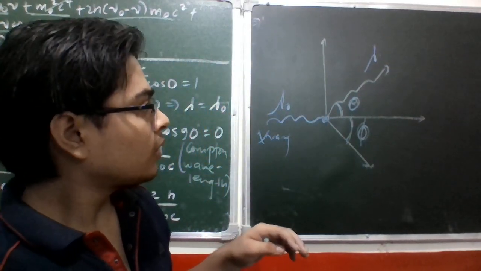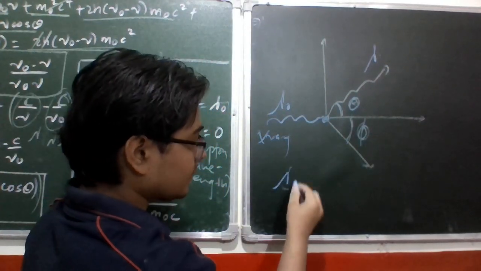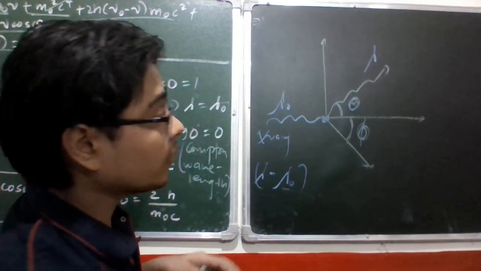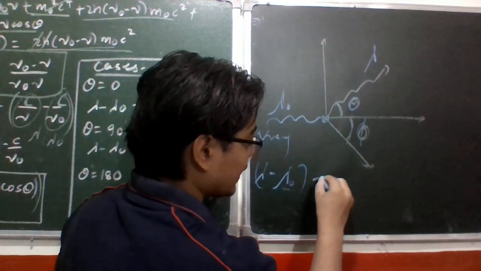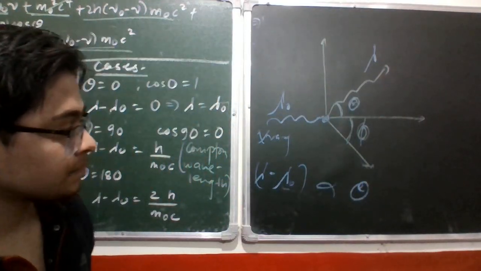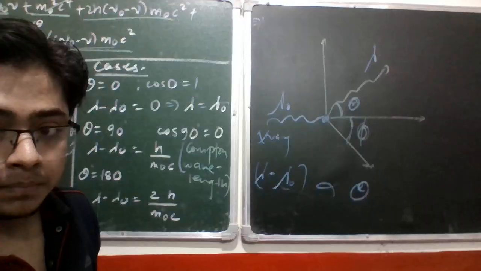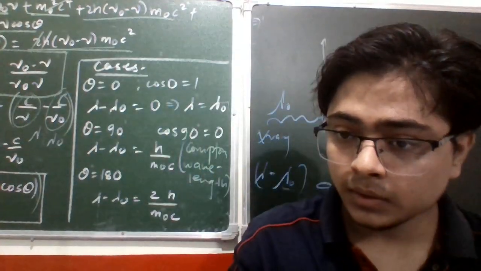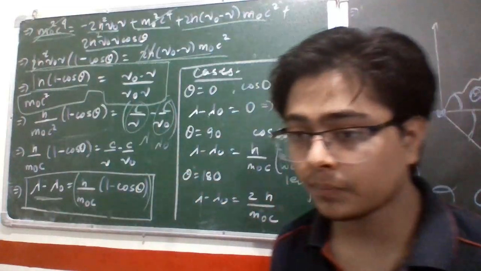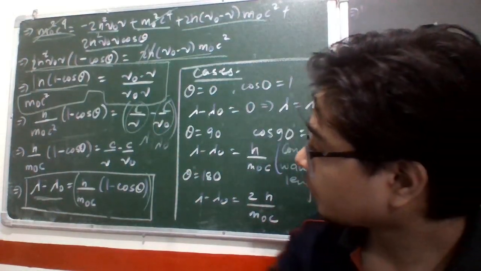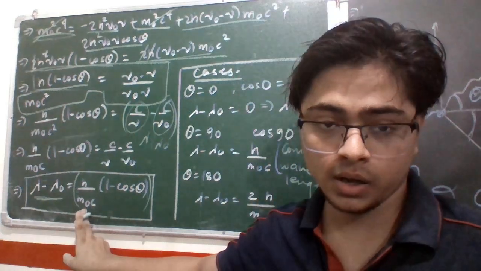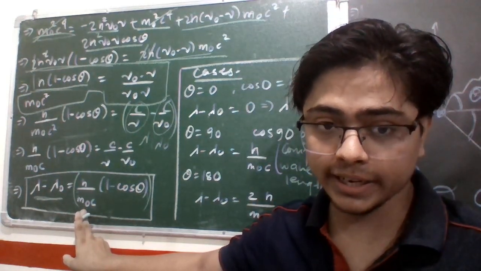Okay, so we found out that this change in the wavelength is directly proportional to this angle theta. Okay, and if you further examine this equation right here, it says that it is inversely proportional to the mass of the rest electron.